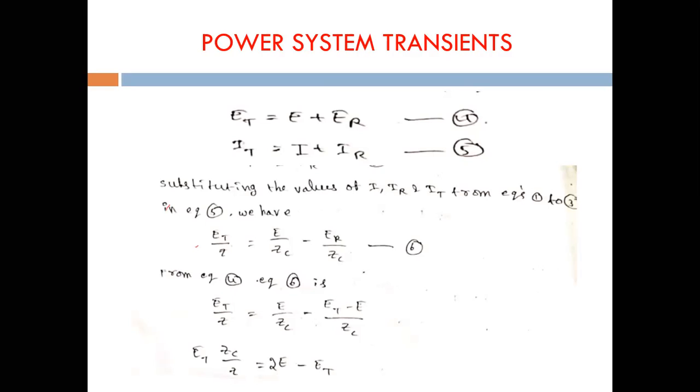ET means the transmitted voltage, or the refracted voltage. ET is equal to the algebraic sum of the incident voltage plus the reflected voltage.